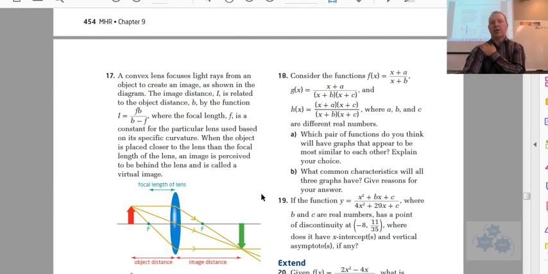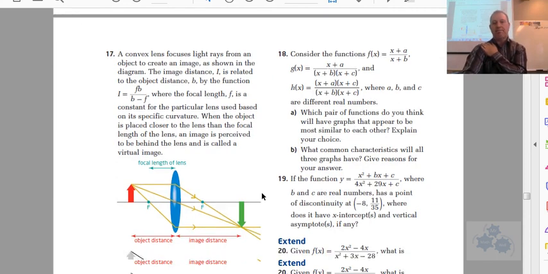So there's extra questions here in the textbook. You can do as many of them as you can to practice.